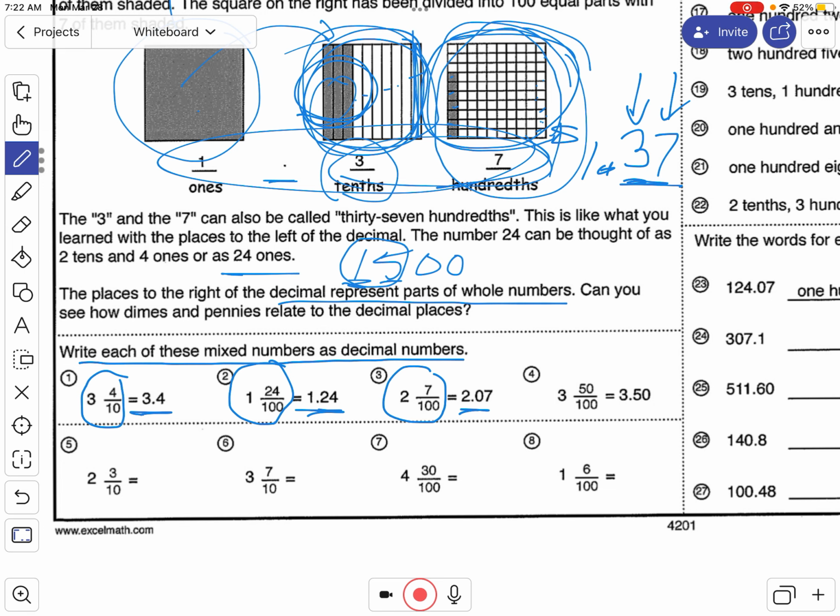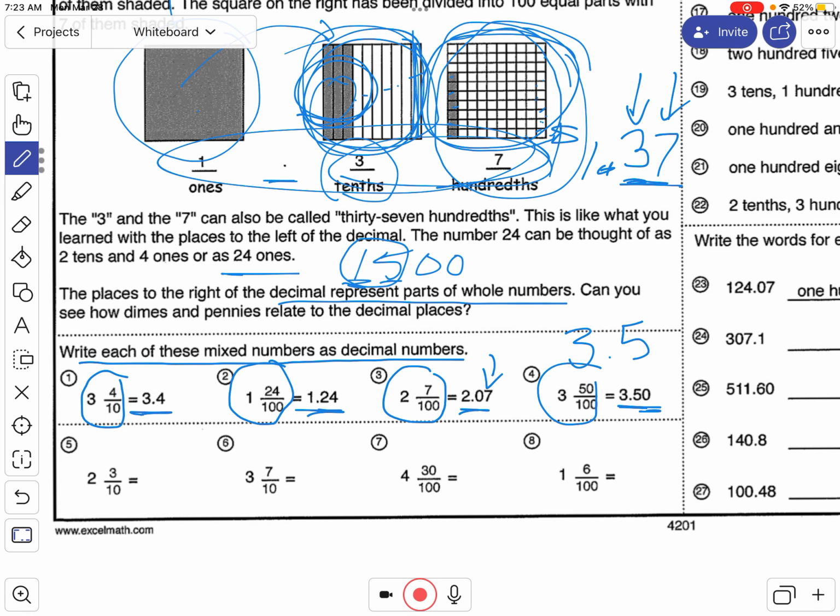You got to put that 0 in there, because otherwise it's going to be 2 and 7 tenths. You got to move that 7 over to the hundredths place. So you put the 0 in there to sandwich in between the 2 digits, and that way it holds that empty tenths place. Here is 3 and 50 hundredths. And you might notice it's the same thing as 3 and 5 tenths. And think about money again.